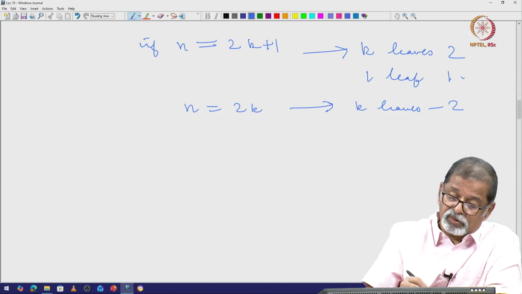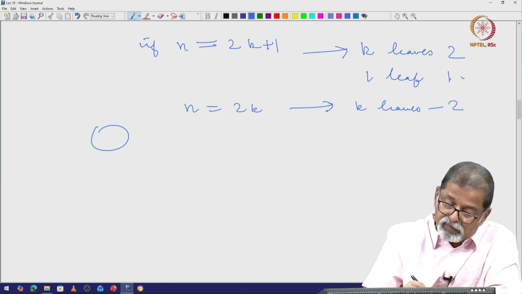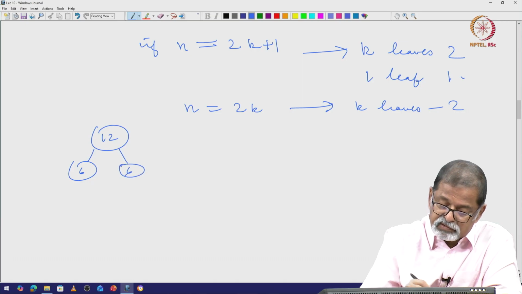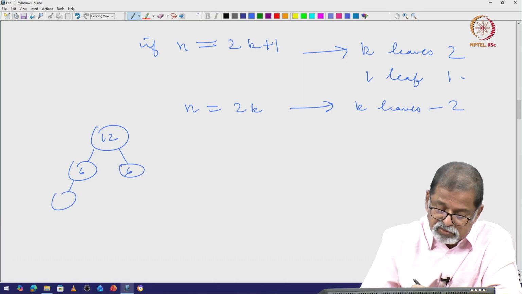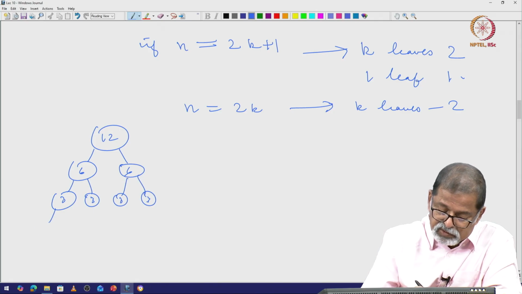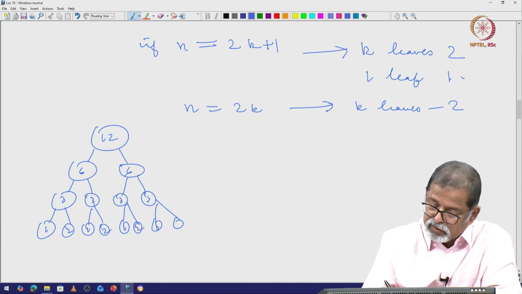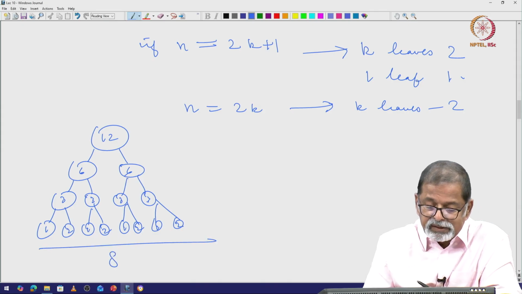So if you look at 12, which is split into 6 and 6, which is split into 3 and 3, 3 and 3, which will be split into 1 and 2, 1 and 2, 1 and 2, 1 and 2 in the previous one. This will have 8 leaves.